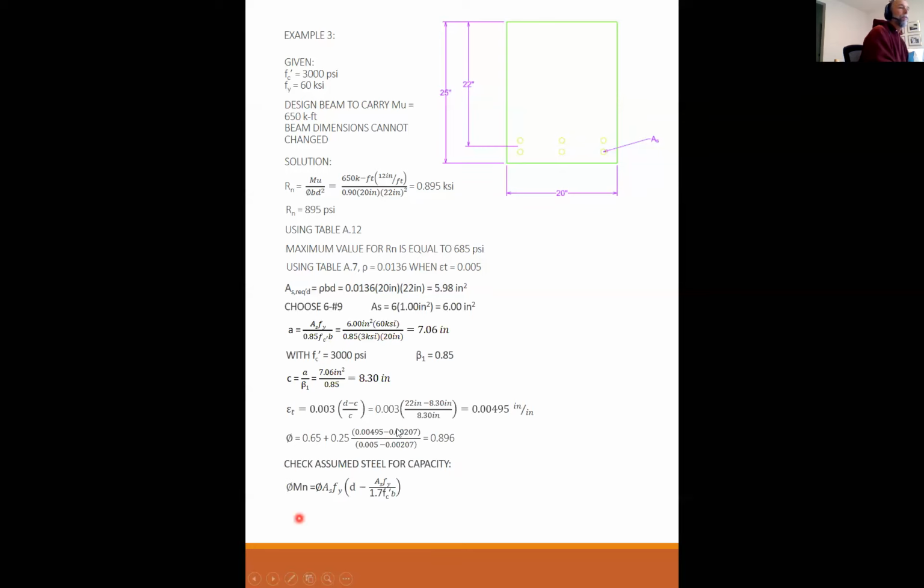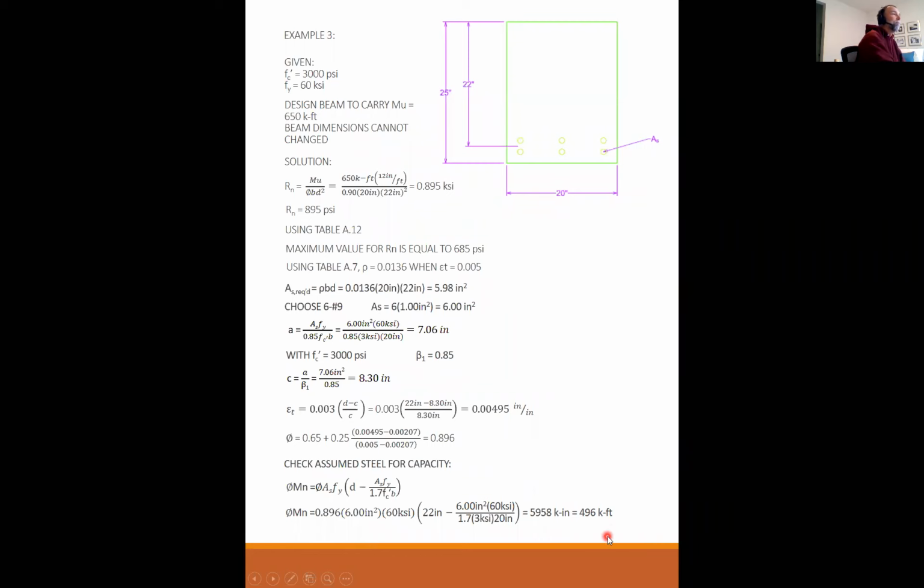And so with my 6 number 9s, my capacity is using the singly reinforced rectangular beam equation. And I plug in 6 times 60 over 1.73 times 20, 22 minus, I get 5958, or 496 kip feet.